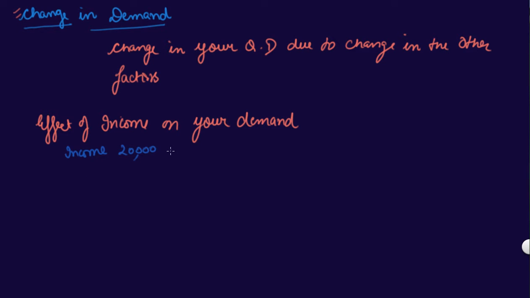Now your income has increased to 30,000. Right? The quantity demanded at this point of time of a particular product, let's say, was 100 units. At this, it will increase to, let's say, 150 units. Fine. So let's see the effect of change in the quantity demanded due to change in the other factors.